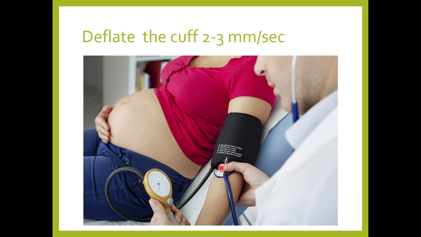And we put our stethoscope over the brachial artery here. The first sound we hear is the Korotkoff 1, which is the systolic, and we go on in deflation. The final sound, Korotkoff 5, the disappearance, is considered as the diastolic blood pressure. Normal blood pressure should be 140/90 and less.